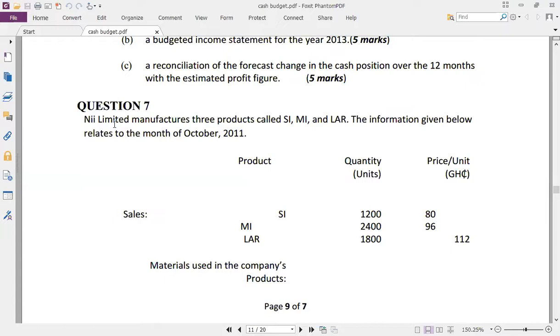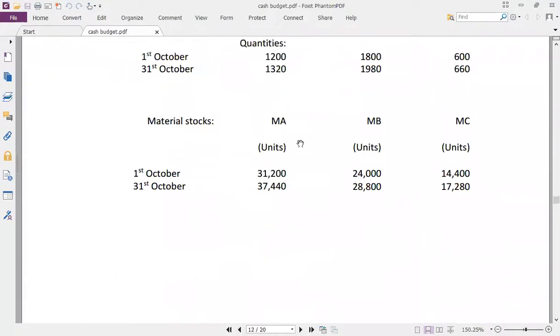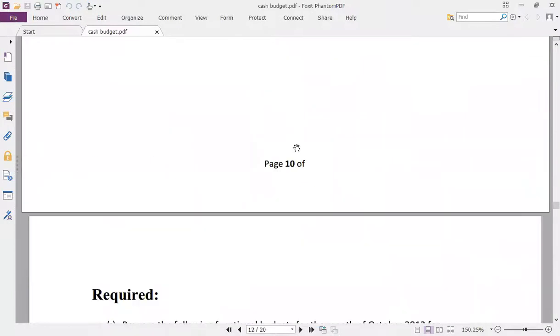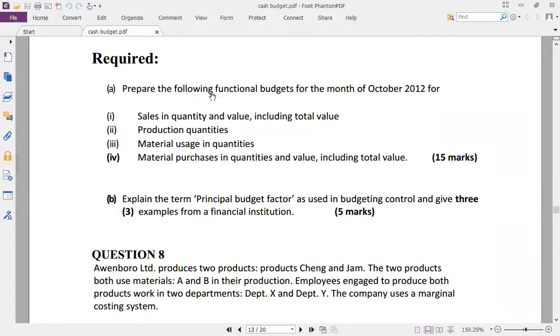This is similar, a manufacturer, that's November 2014. It's about the functional budget. So you prepare the functional budget for October. The last one that we saw was for October.